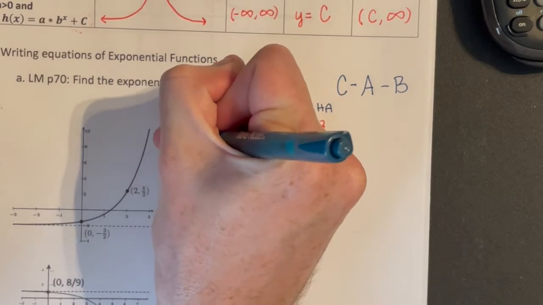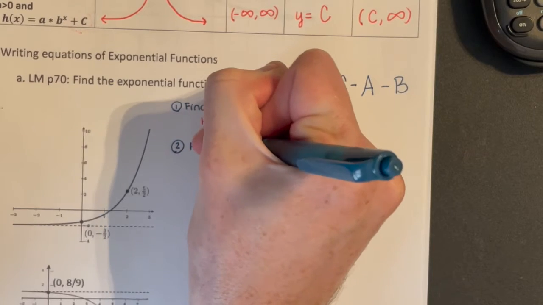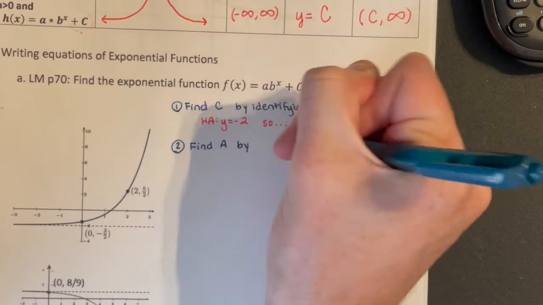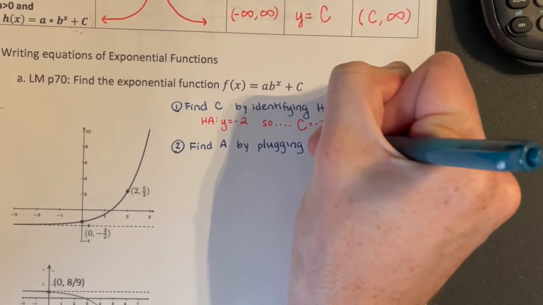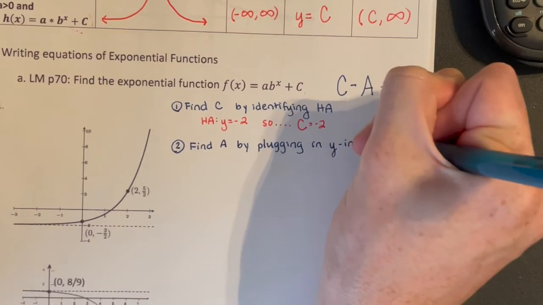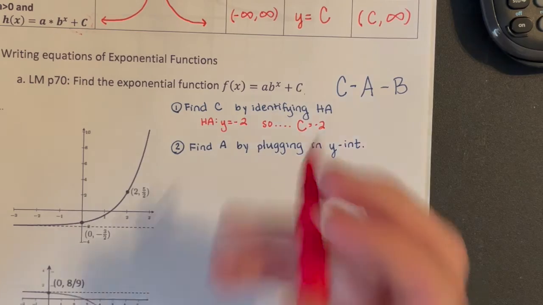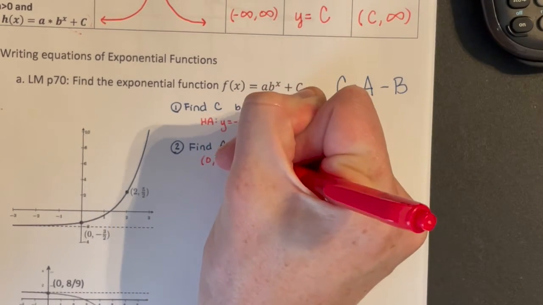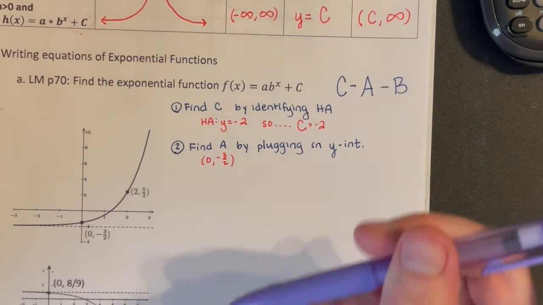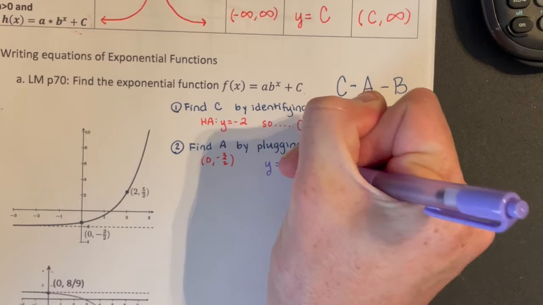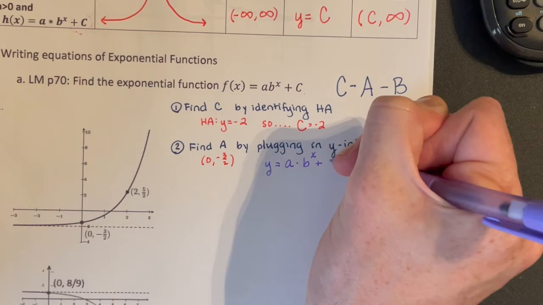Then we can find a. So we're going to find a by plugging in the y-intercept. All right, our y-intercept is (0, -3/2). And if I look at what the general equation was, we had y equals a times b to the x plus c.